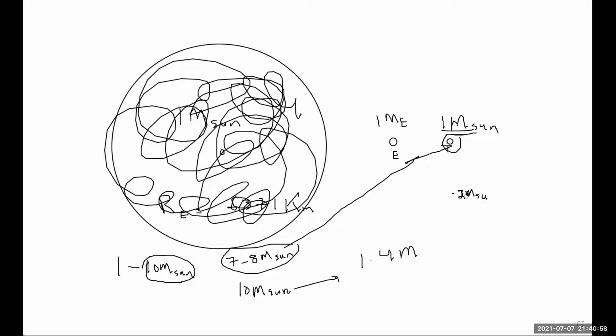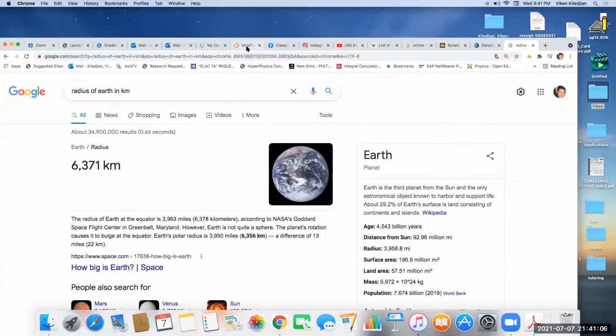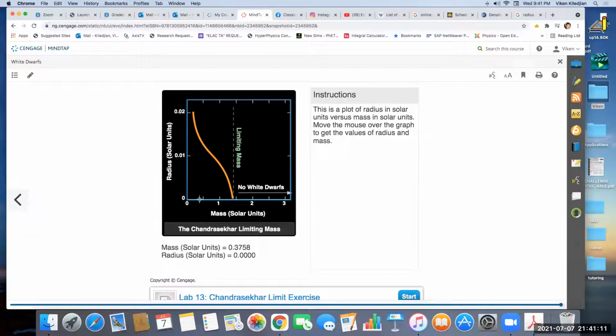So our sun will most likely end up, let's just use this chart, for example. So go back to this chart. Let's say our sun ends up as a white dwarf that has 20% of the mass of the sun. So we go to this chart and ask, where's 20%? Oh, you see, let's say our sun ends up as this kind of white dwarf right here.